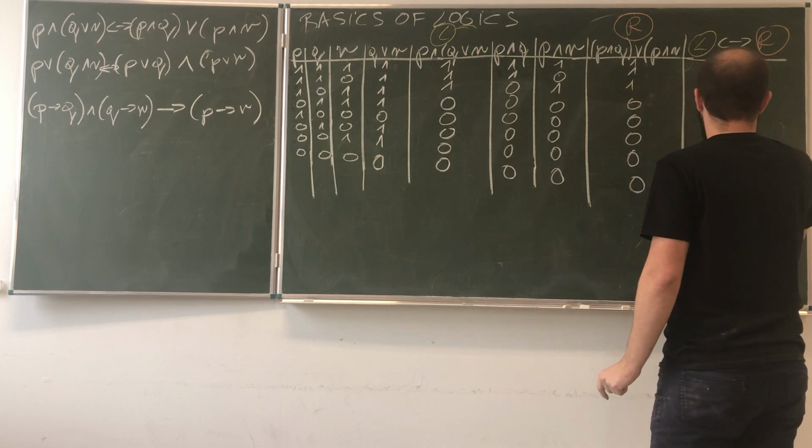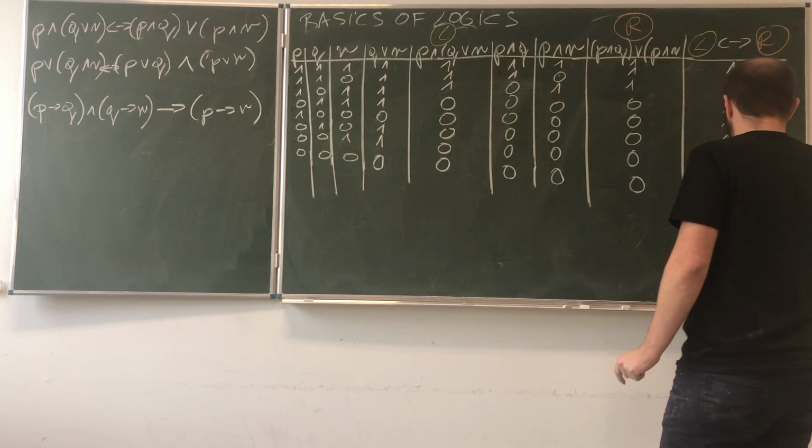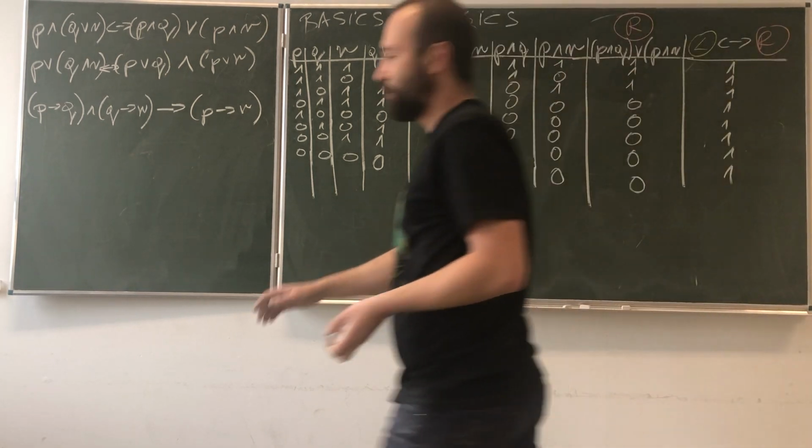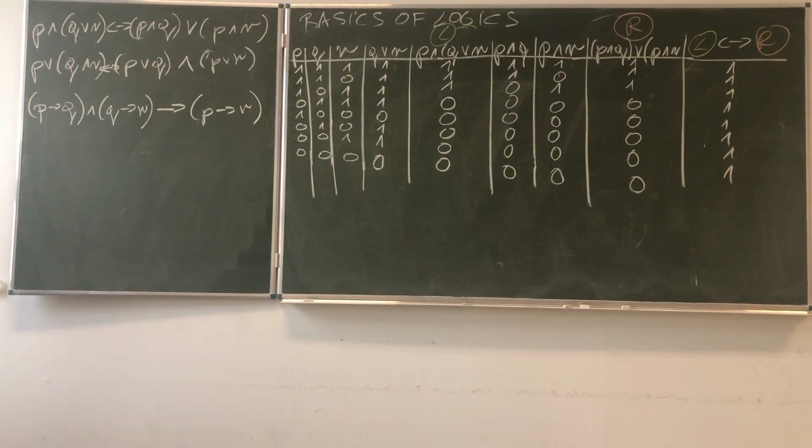So 1, 1, 1, 1, 1. We see again, it doesn't matter what we put instead of P, Q, and R, as long as they are logical statements, regardless of whether they are true or false, we will always have a truthful statement.